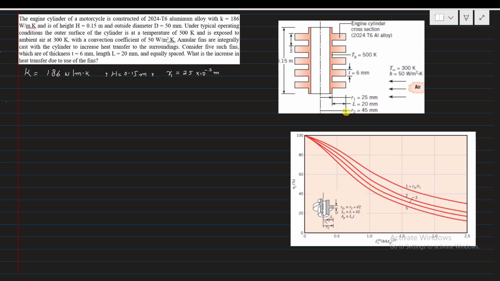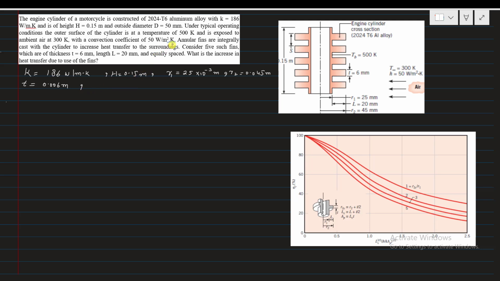And then R2, this is from the center line of the cylinder till the extreme end of the extended surface fins, and it is equal to 0.045 meter or 45 millimeter. The thickness of the fin is 6 millimeter, that is 0.006 meter.